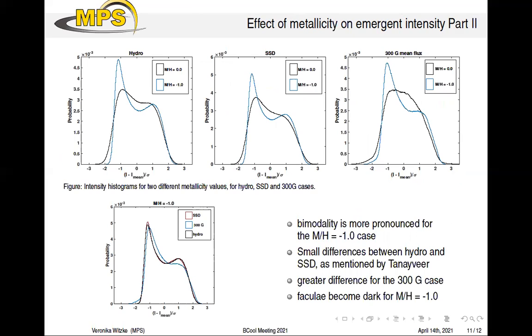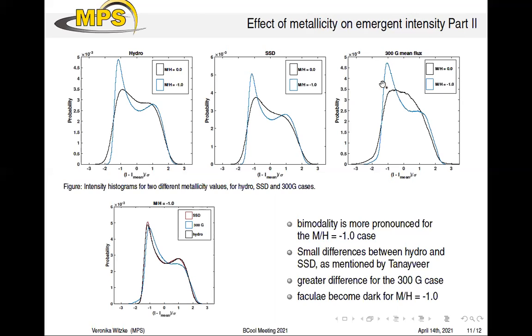If we look at the same measure that Tanavir also showed us, the distribution of intensity, then we can definitely see that in both cases, here I unfortunately don't have the 0.5 run, both metallicities, the solar and the -1, have bimodalities, but it is much more pronounced in the low metallicity star. And if we go from hydro to SSD, we have a small difference.